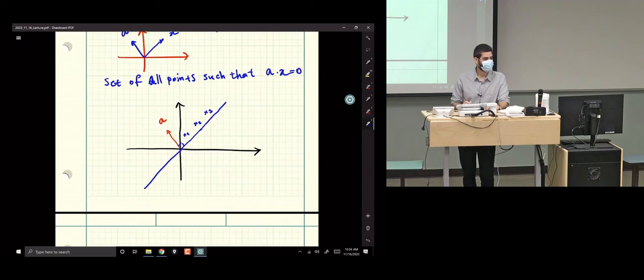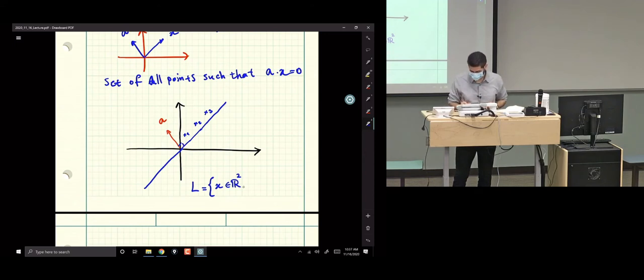If we write it using the set notation, our line is, well, this is a 2D line. Well, in 2D, it's a line. You can have a 3D line too, but we want to talk about the notion of hyperplane.